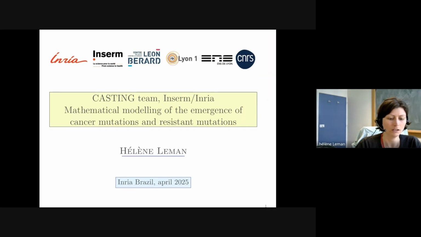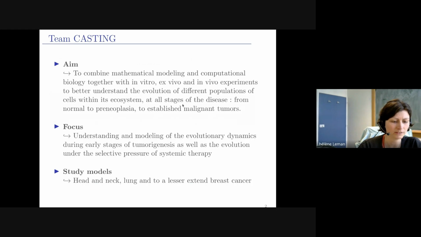In this talk, I will first briefly present the INSERM INRIA team CASTING, and then I will present two small examples of projects we have developed recently. Our team is relatively recent. It was created last June, and it is composed of clinicians, biologists, bioinformaticians, and mathematicians.